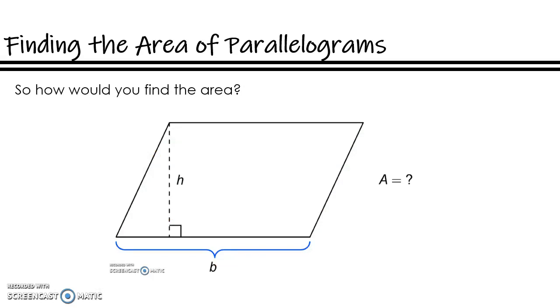So how would you find the area of this? Okay, I'm going to show you a little screencast video, and it's going to show you how we can take this parallelogram and transform it into a different figure using the same amount of space.